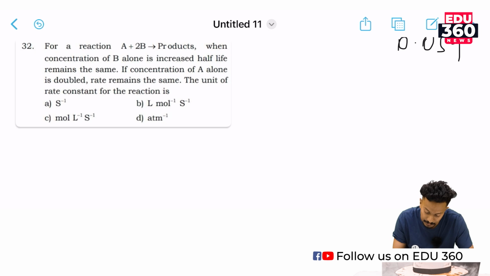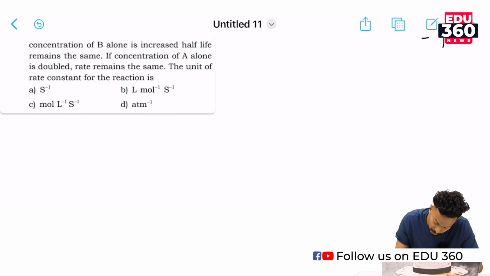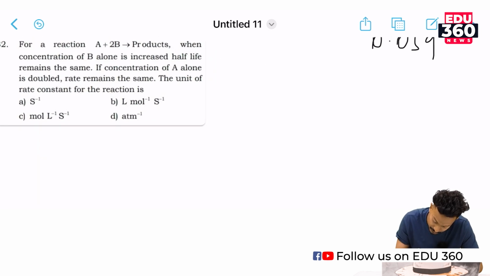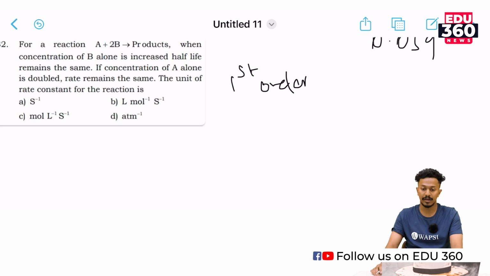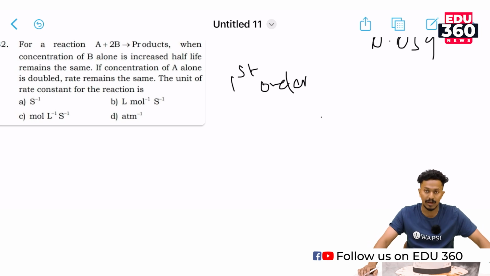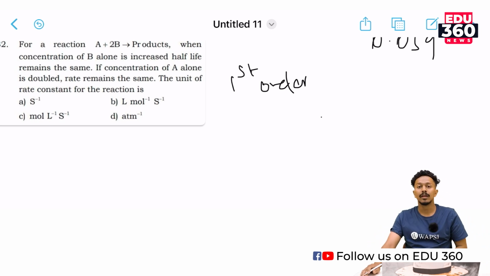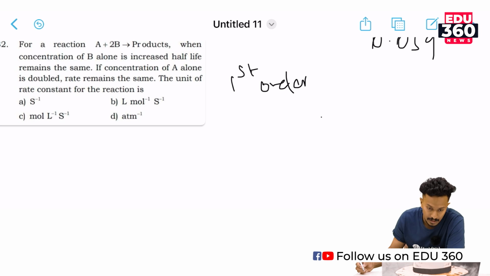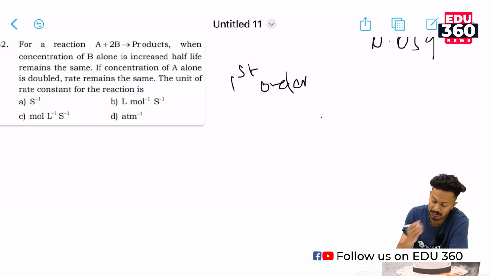So this is a first order reaction. If the concentration of A alone is doubled, the rate remains the same. We have to find the unit of the rate constant of a first order reaction, which is second inverse.